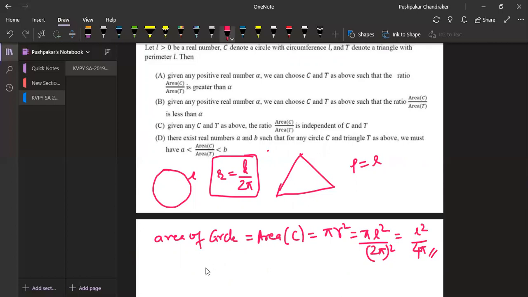But the area of the triangle is going to change, because we don't know what kind of triangle it is.